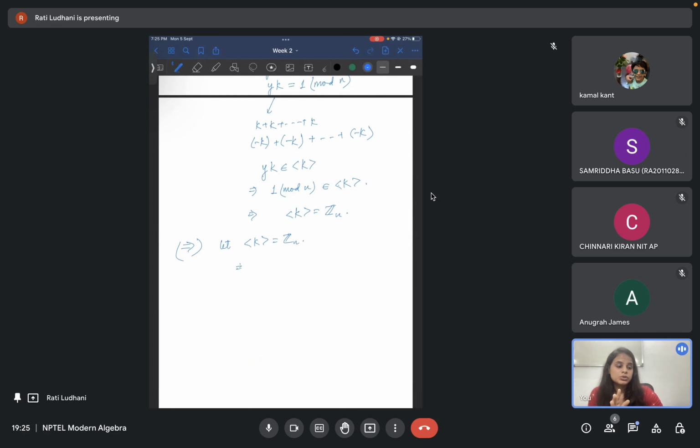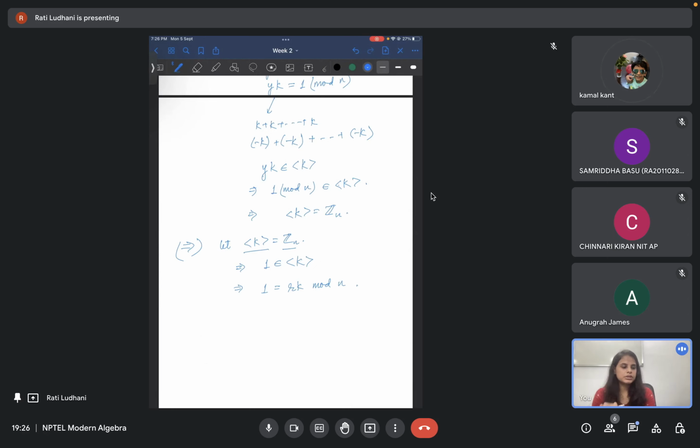So again, as you know, Zn is in k, so that means 1 belongs to k, right? So 1 belongs there. So that means 1 is equal to some multiple of k. Again, mod n will be there. So let's say some rk mod n, right?